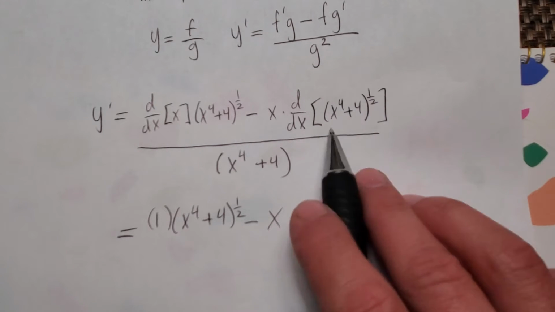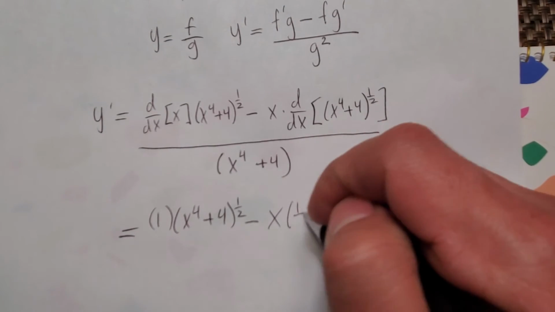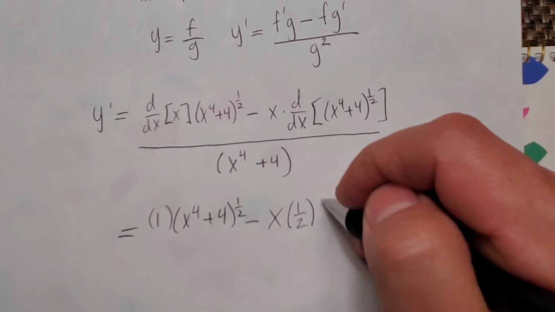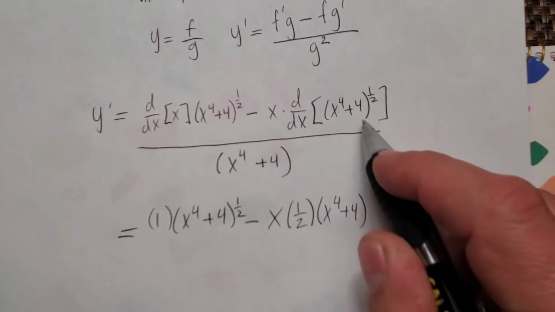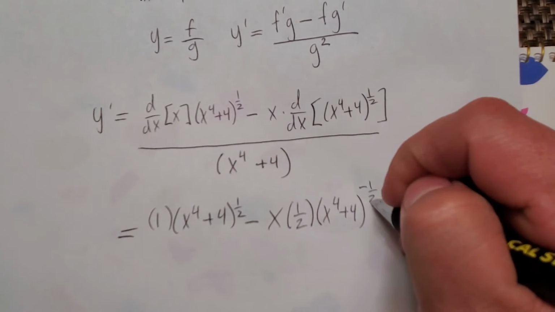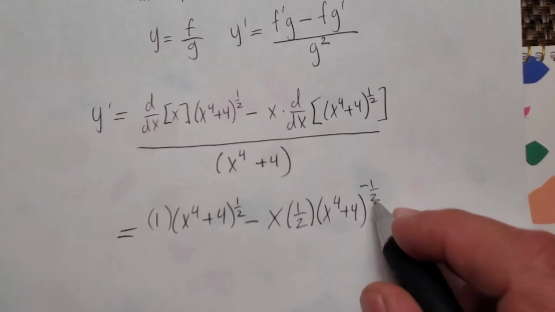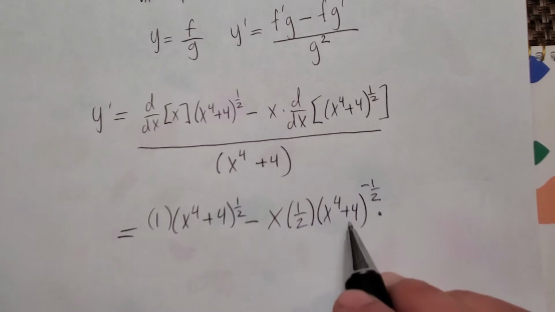So to find the derivative of this, first we take the exponent and we bring it to the front as a coefficient times x to the fourth plus 4 to the 1/2 minus 1, which is negative 1/2. So to the negative 1/2 power times the derivative of the inside.